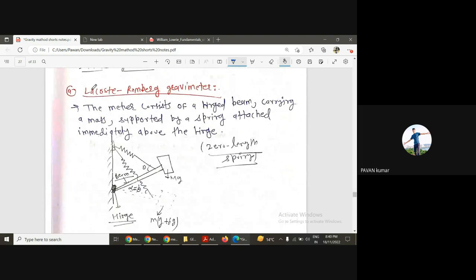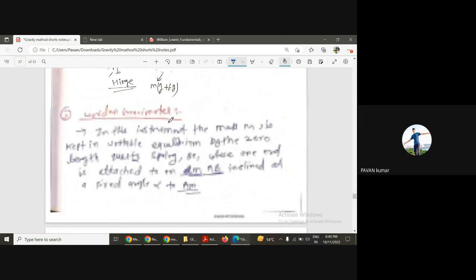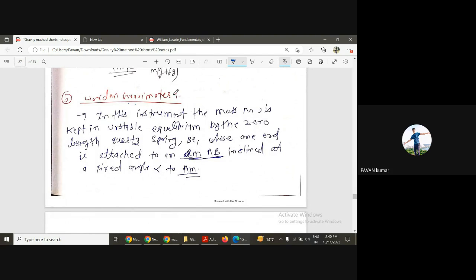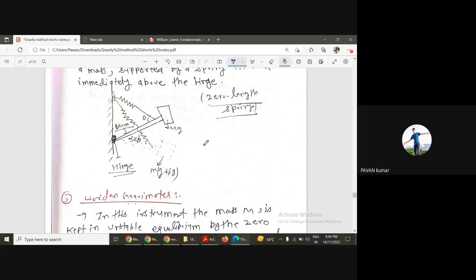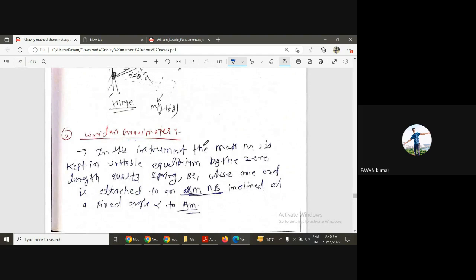One is the LaCoste-Romberg gravimeter. Another one is the Worden gravimeter. The Worden gravimeter is very light and cheap, easy to carry and travel with, and we can also easily buy a Worden gravimeter.